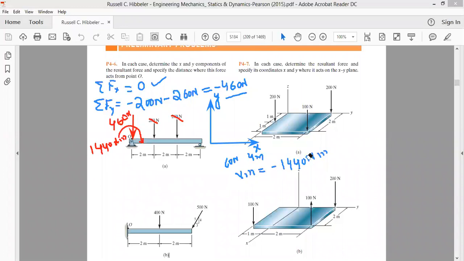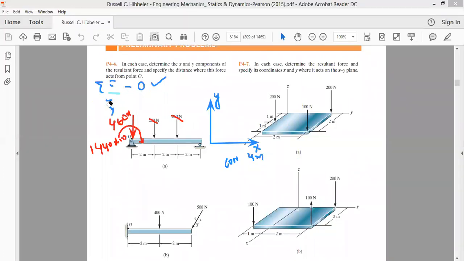That is, see, if we can move this force of 460 Newton along this beam to some distance, let's suppose this force of 460 Newton is not acting at this point in the negative y direction.